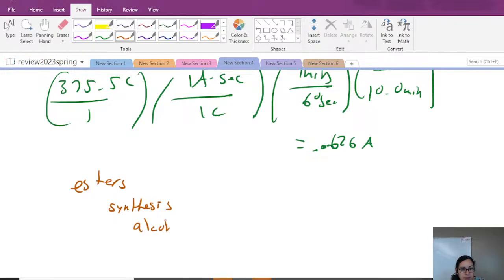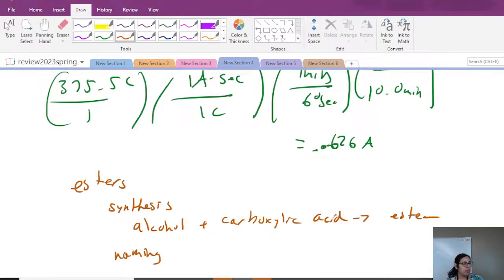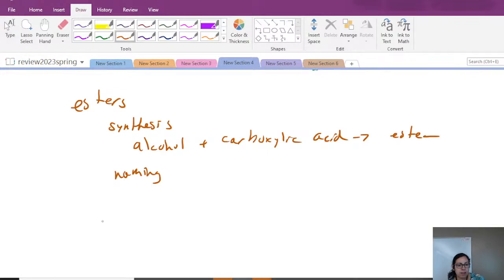Don't forget, that's some alcohol plus the carboxylic acid to make your ester. You may want to look at how it's made and how to name those. And then the last one is polymer synthesis, just identifying monomers.